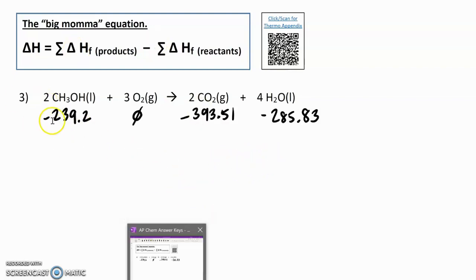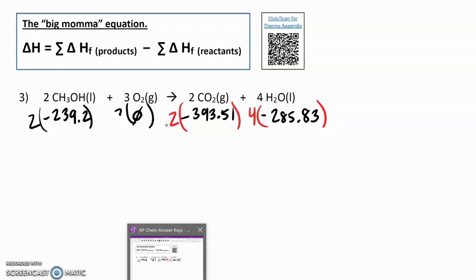Alrighty, so here are my heat of formation values for these substances. Next step is to multiply them by their respective coefficients. So you're going to want to multiply your products by their coefficients. And then we do our same thing for our reactants.